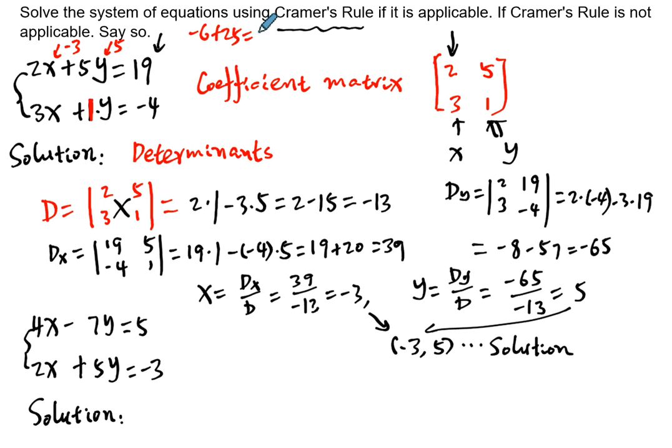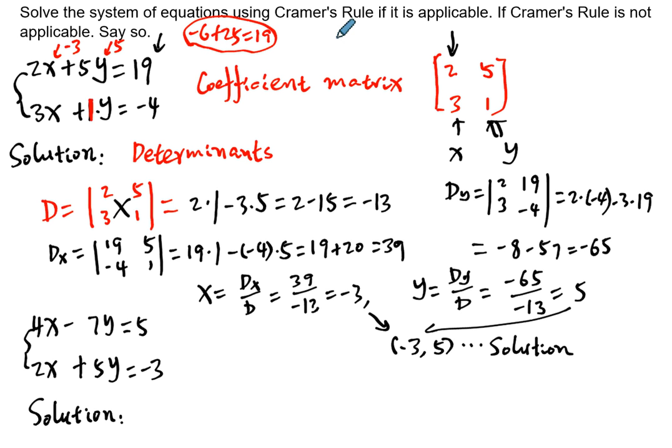This will give you 19. So this is the check. Well, you do not have to check, but if you want, you can check it.